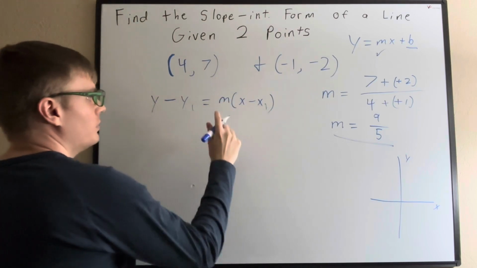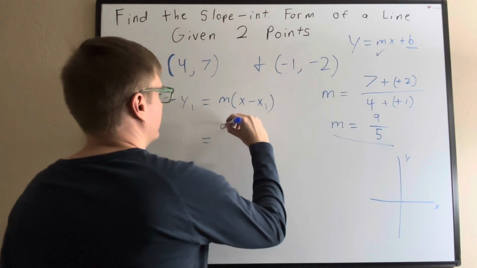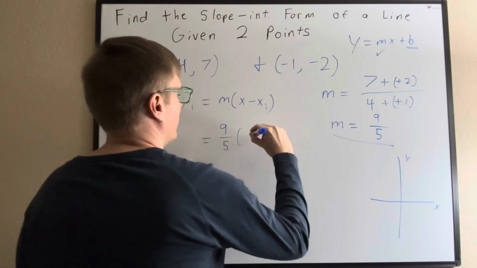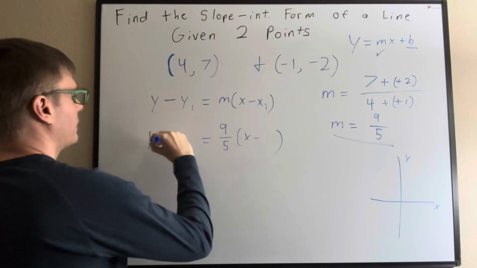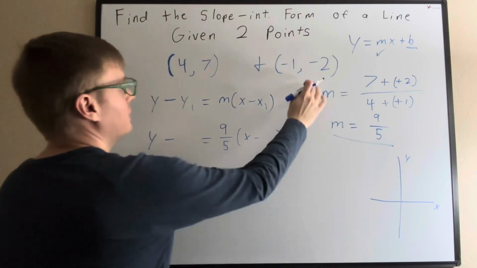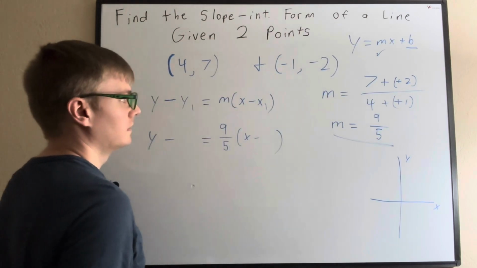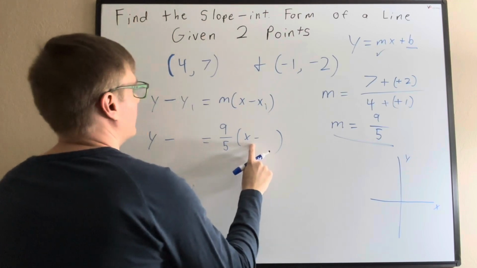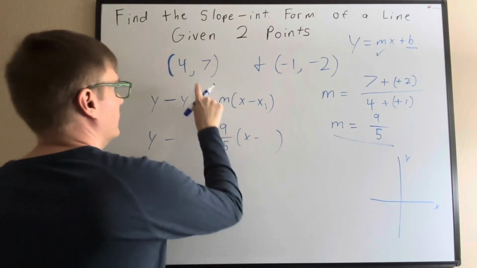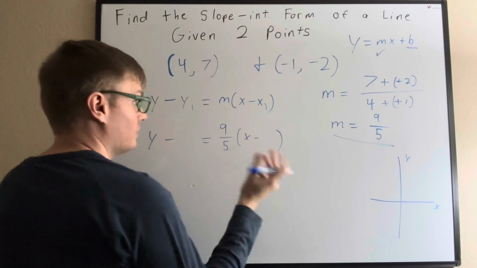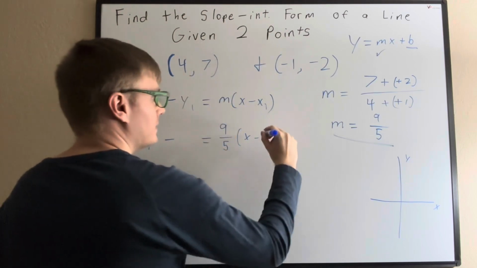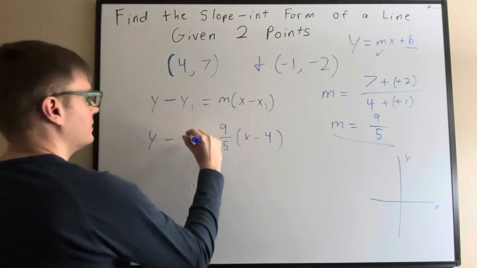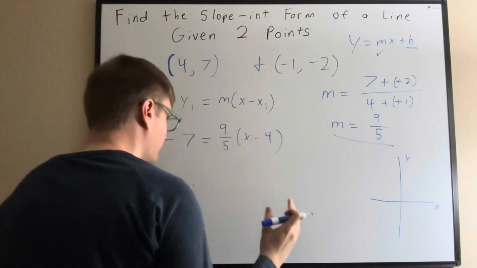Now we have that slope, so that part's done. Which point do we use for x1 and y1? Doesn't matter, either one works. Let's do this one just because there's no negatives to throw us off. So 4, 7. 4 is the x, right? 7 is the y.